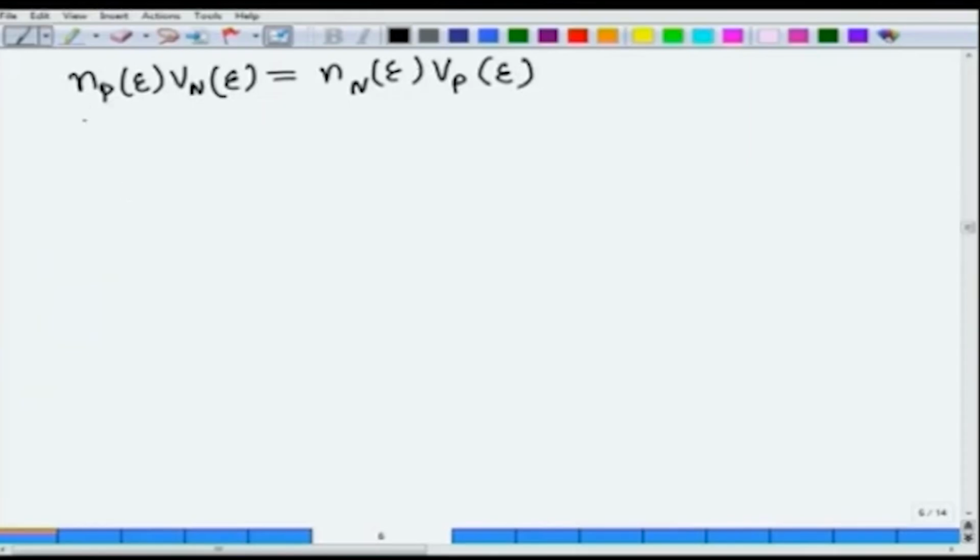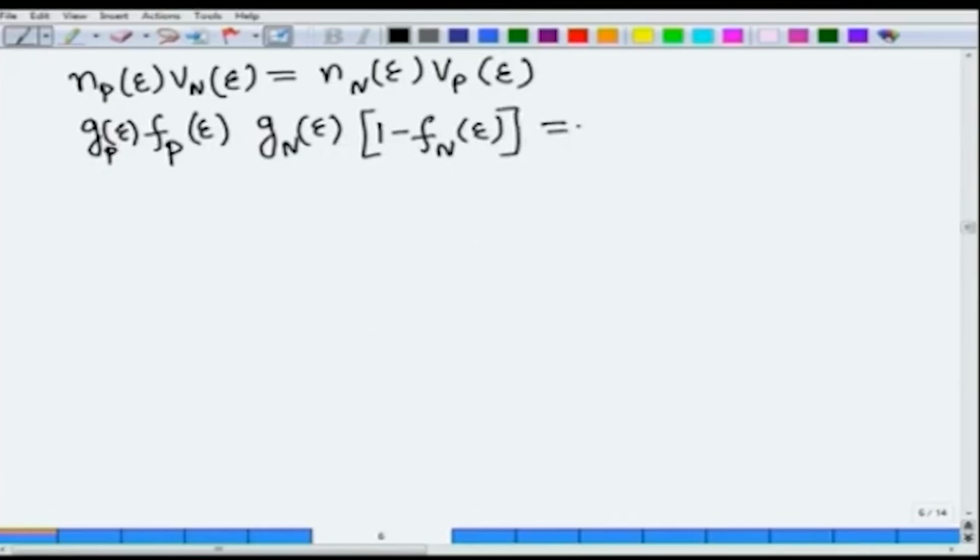Remember, n is G on the p side times F on the p side. What is v? v is equal to G, the density of states on the n side, times 1 minus the Fermi function on the n side.